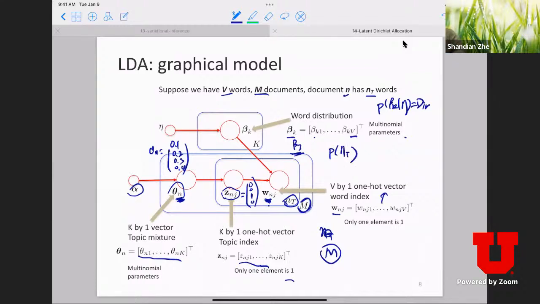You can apply a prior over the number of documents as well. There is indeed some model that incorporates this prior, like using a Poisson distribution to sample the number of words per document and the number of documents in the corpus. Any other question?